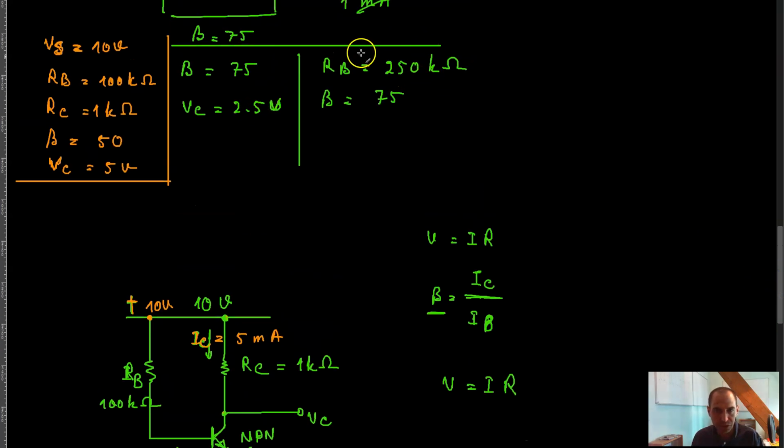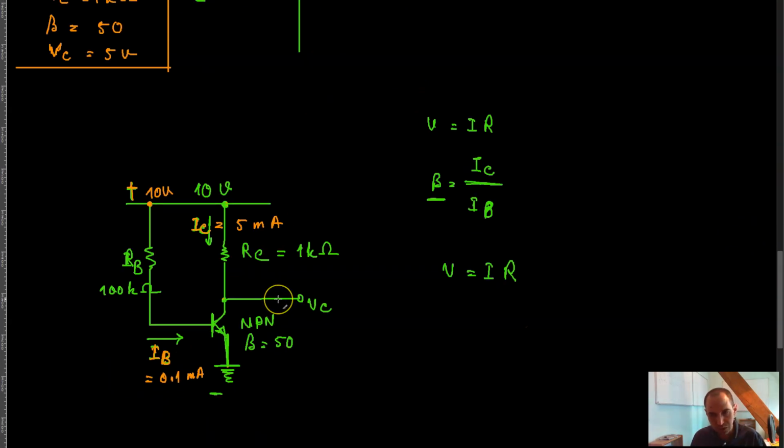Now by increasing the value of this resistor, you're going to get a little bit more voltage over here, and so these two voltages will most probably cancel each other out, and then ultimately you're going to end up with more or less the same voltage as V of C over here. But let's see actually how that works out, right?